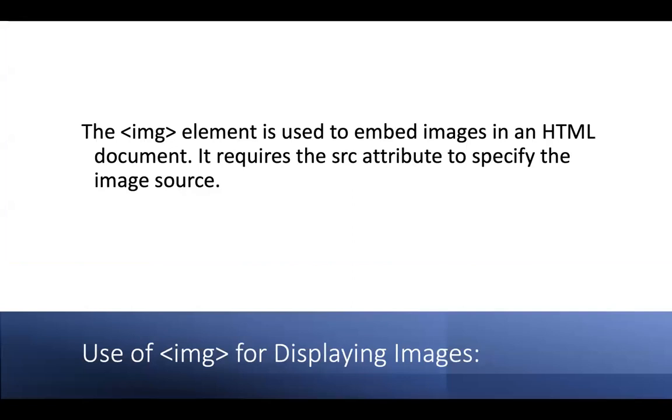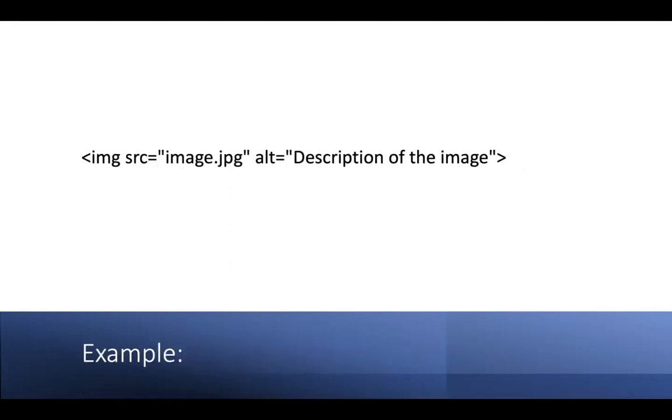So the img element is used to embed images in an HTML document, and it requires the src attribute to specify the image source. That means we also need to give the location of the image. If we have our image within the folder, we don't need to give the exact path, we can just give the name with the extension. So here it is.